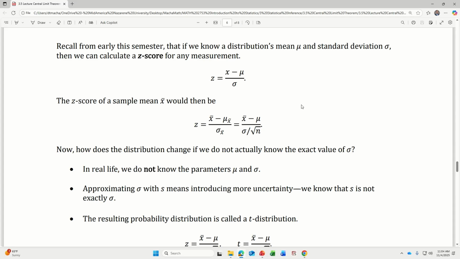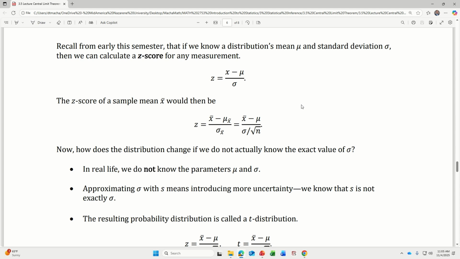We would have, say, a javelin thrower, and we know the population mean javelin throw distance and the standard deviation, and we could calculate the z-score of any particular throw, and then we could use the z-score to create a percentile by using the standard normal CDF. And then the percentile would tell us, oh yeah, you're like the 90th percentile javelin thrower, or the 99th percentile javelin thrower. That's what we were doing with z-scores earlier in the semester.